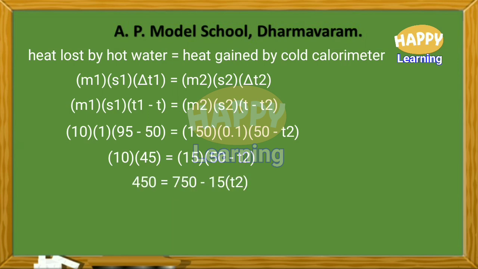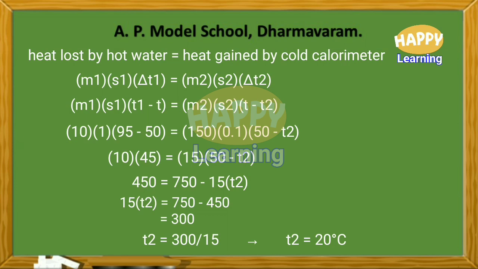On the left hand side we get 450 and on the right hand side we get 750 minus 15 T2. By rearranging, we can write 15 T2 is equal to 750 minus 450, that will be equal to 300.